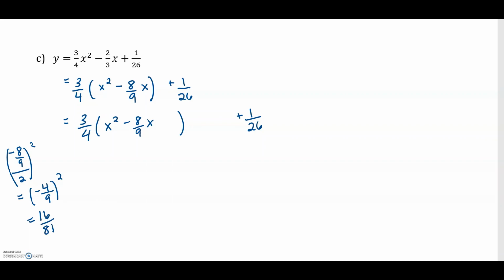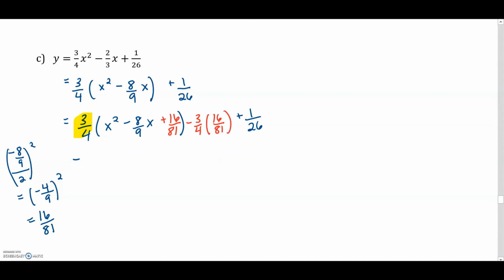So that's what we're going to add in, 16 over 81. We must balance the equation. Don't forget about this coefficient of 3/4. Because we added 16 over 81, we must subtract 3/4 times 16 over 81.